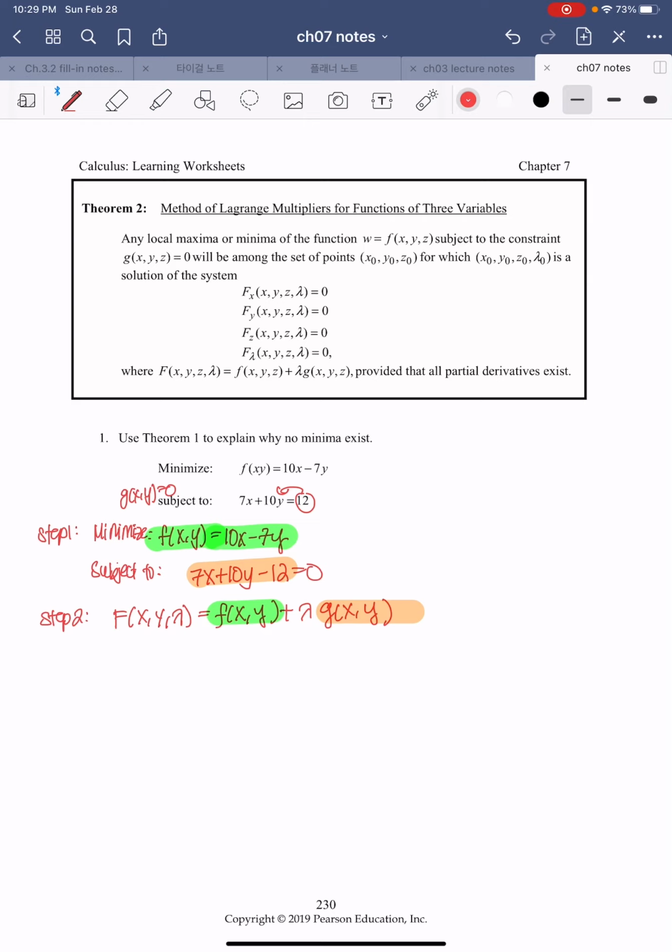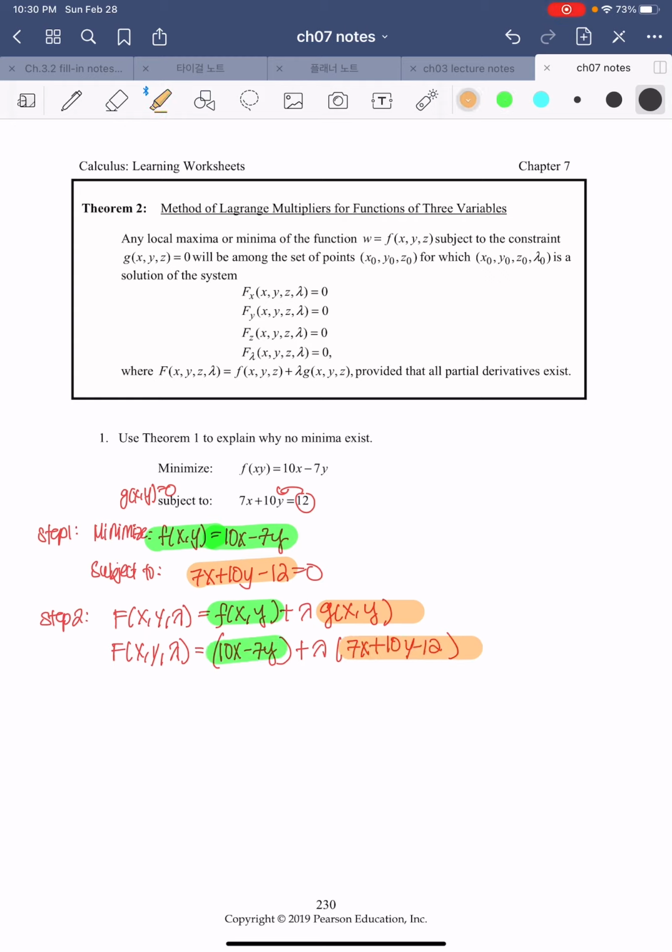So my function will look like f of x comma y comma lambda, my Lagrange multiplier equation: 10x minus 7y is my f of xy, plus lambda times 7x plus 10y minus 12. Just literally plug it into the equation.